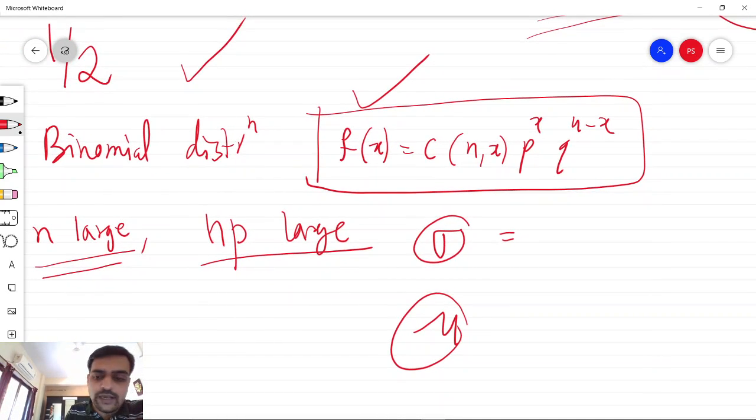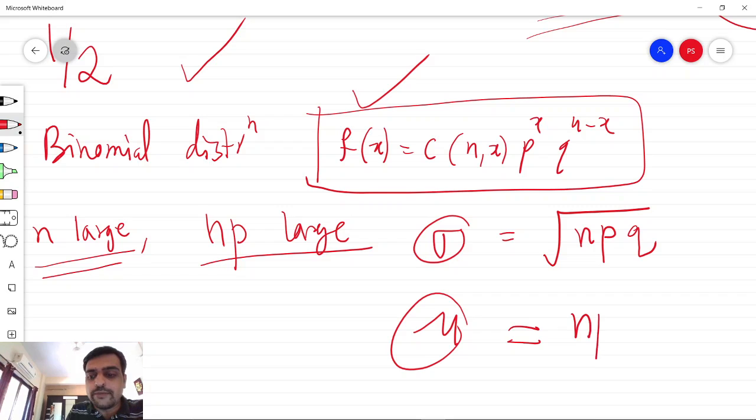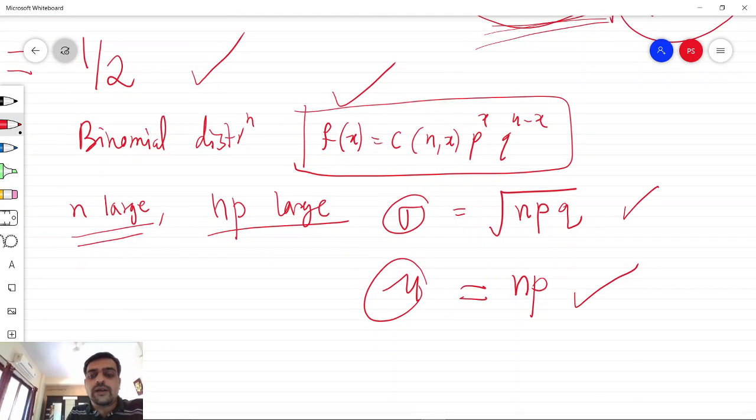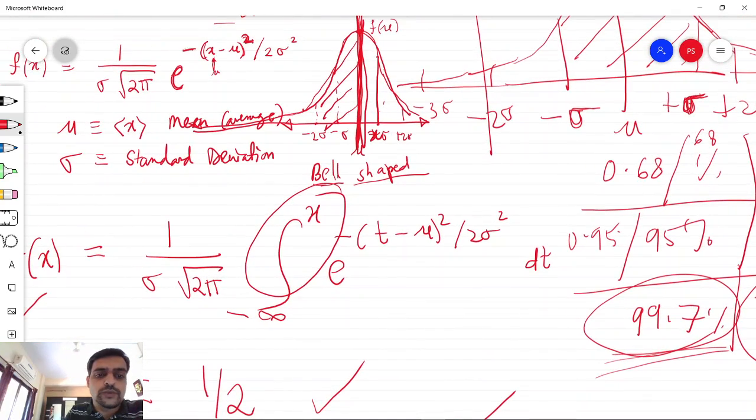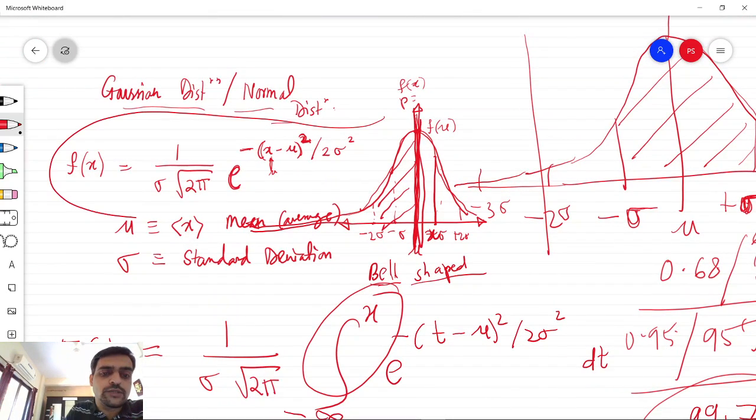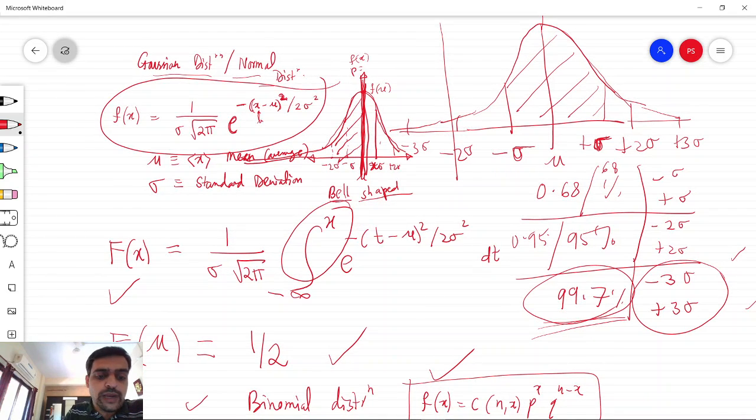Sigma in that case appears to be square root of n times p times q, and mu appears to be simply n times p. So if we use these values of sigma and mu in the expression for the Gaussian distribution, we effectively approximate the binomial distribution by the Gaussian distribution.